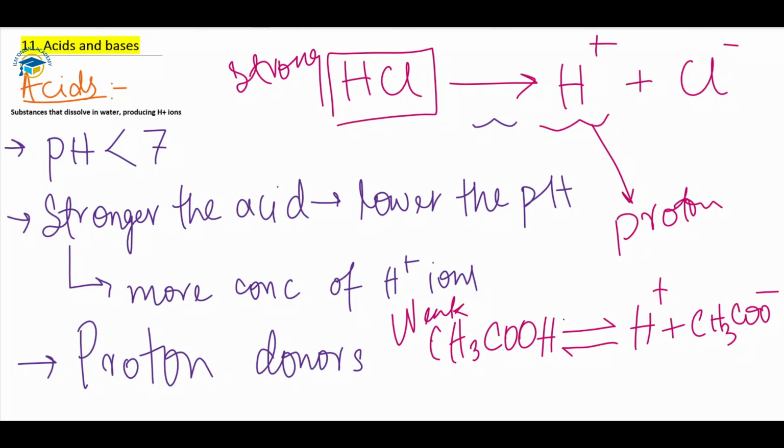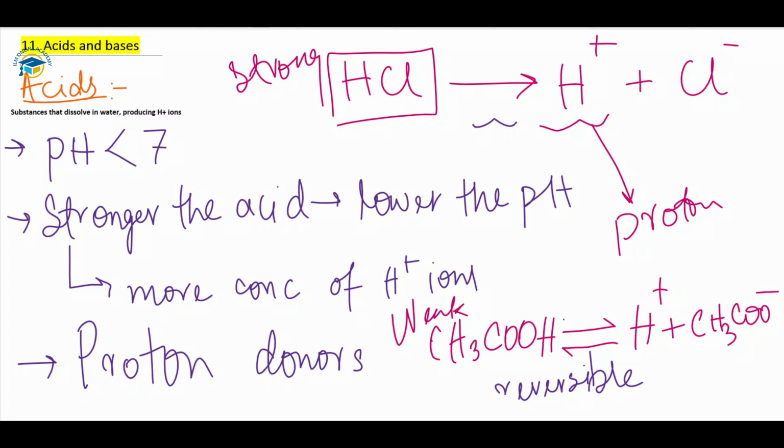The weak acid, which is ethanoic acid, is a reversible reaction that indicates the partial dissociation. That is the main difference between the strong acid and the weak acid. Weak acids indicate the partial dissociation by the reversible reaction.